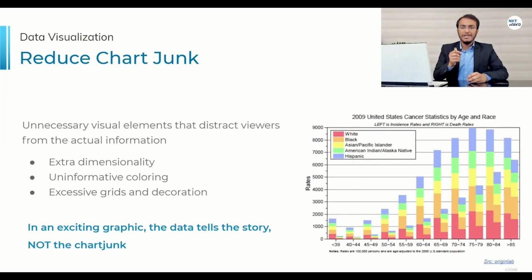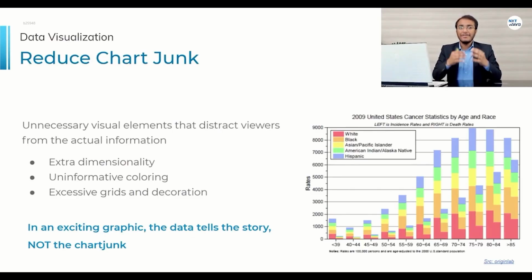And usually, instead of creating these fancy things in the visualization which lead to chart junk, what is an exciting graphic? A graphic is exciting not because of the fanciness that it has.